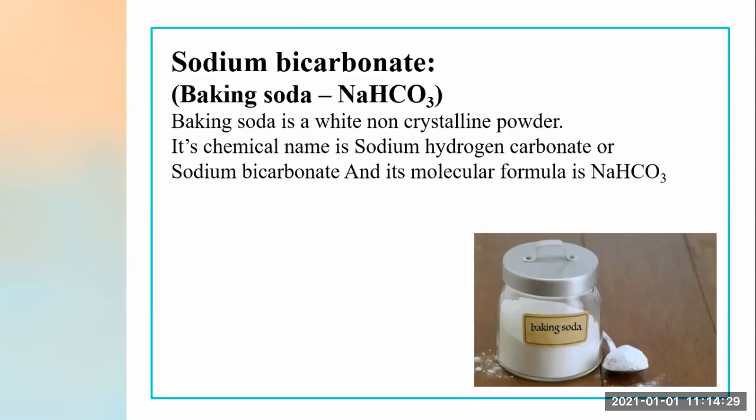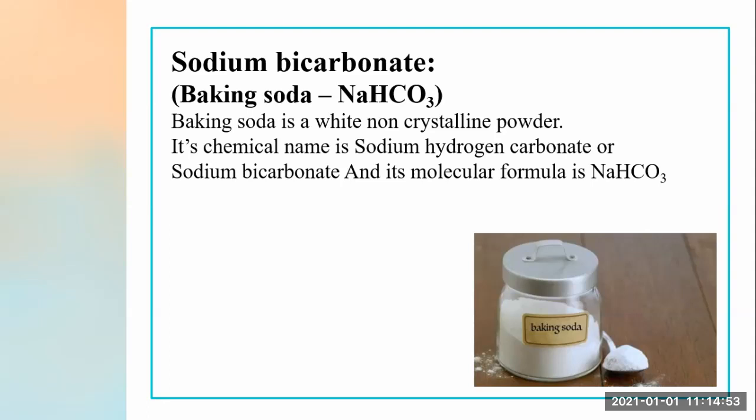So what will be the difference between these? See, when I take baking soda in my hand and feel it, I feel that it is very smooth. No crystalline effect do I find in my hand. So what does it show? That it is a non-crystalline powder. So baking soda is a white non-crystalline powder.